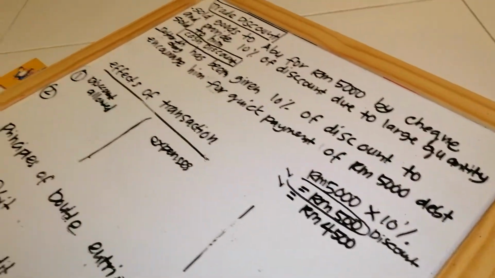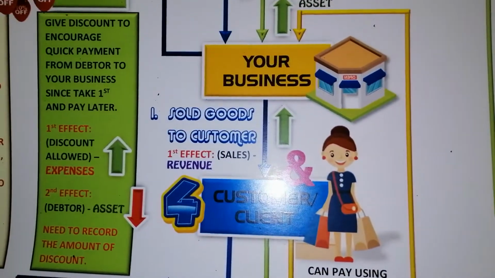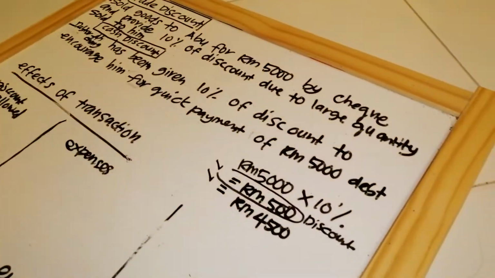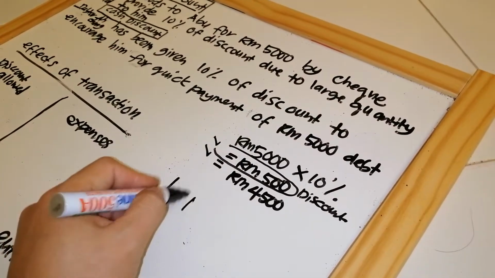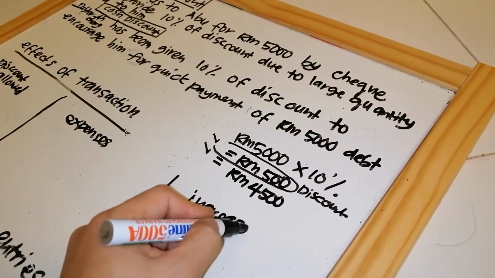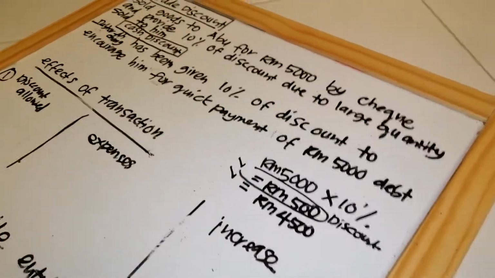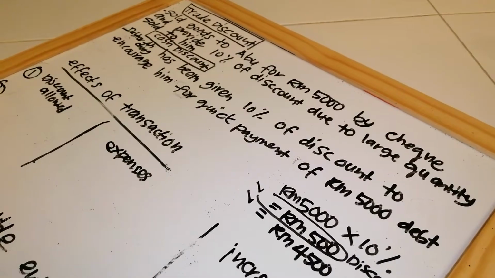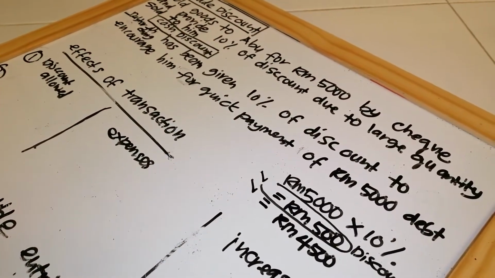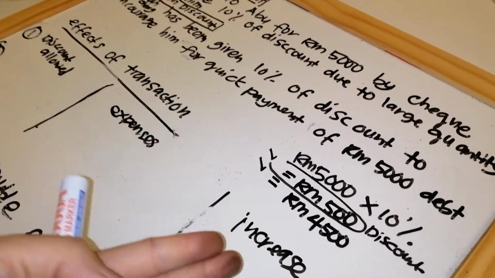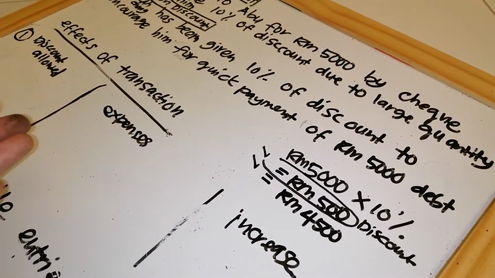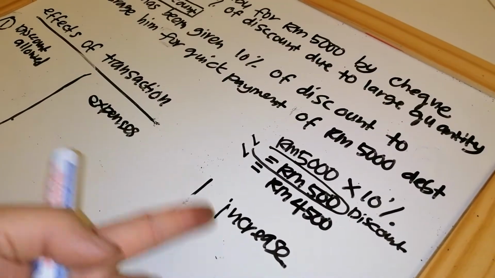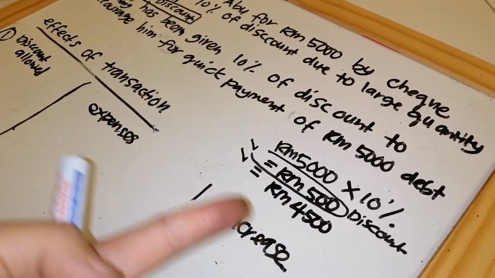So expenses of the business now increase because the business now incurs expenses to give discount. Expenses means spending. Every time you purchase, every time you spend money, you go to Family Mart, you go to IKEA, your expenses will increase. So the more discount that you provide to the debtor, the more the expenses of the business will increase.